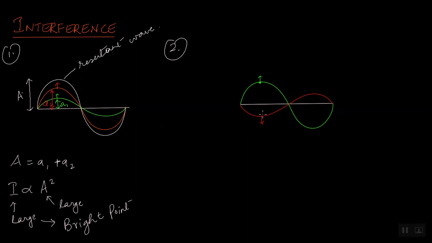So because they are pushing in opposite direction, the resultant wave will have an amplitude which is equal to A1 minus A2, or A2 minus A1, whichever one is greater. So here we are assuming that A1 is greater than A2. All right, so A1 here is the amplitude of the green wave, and A2 here is the amplitude of the red wave.